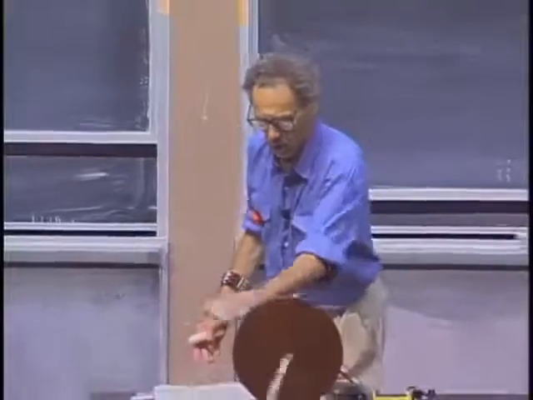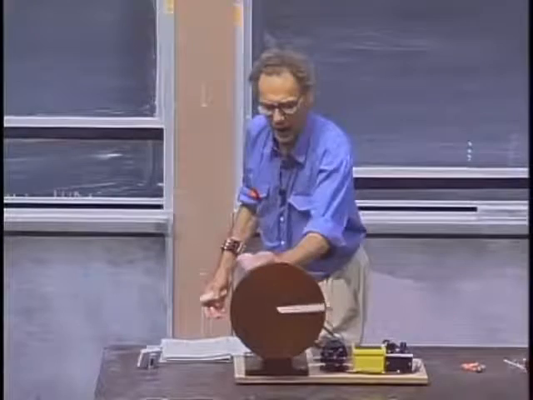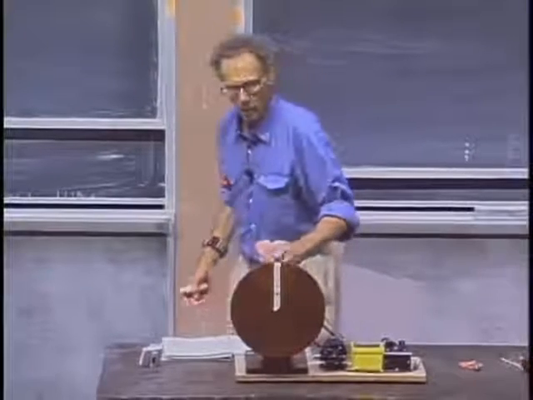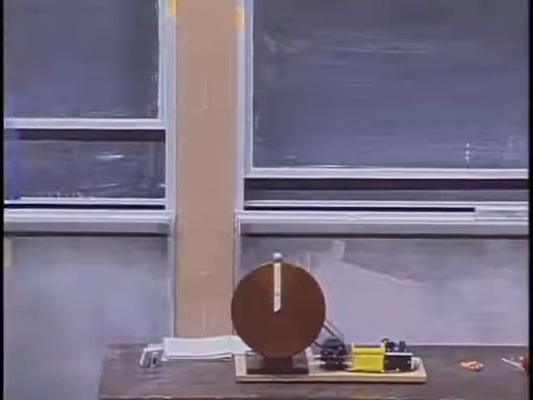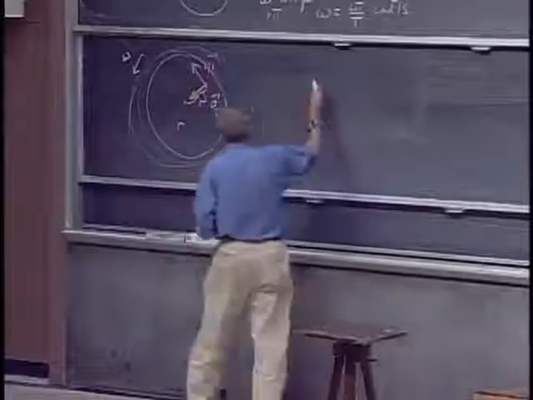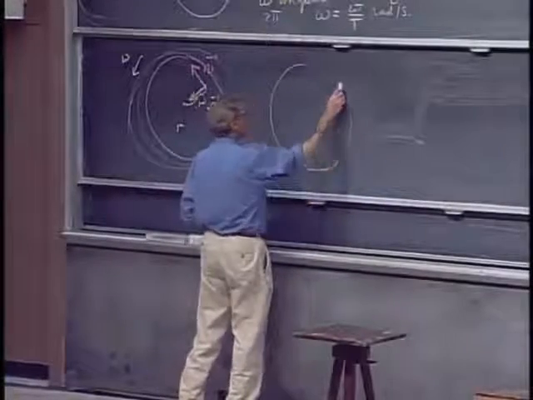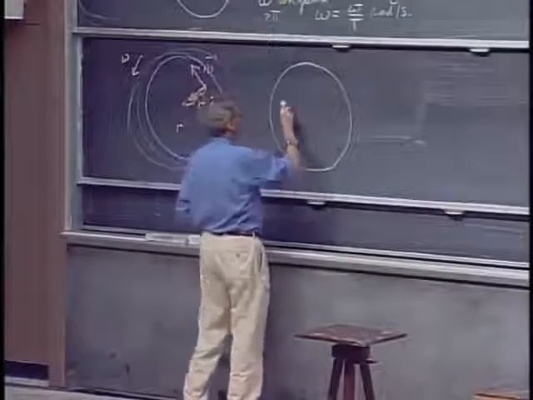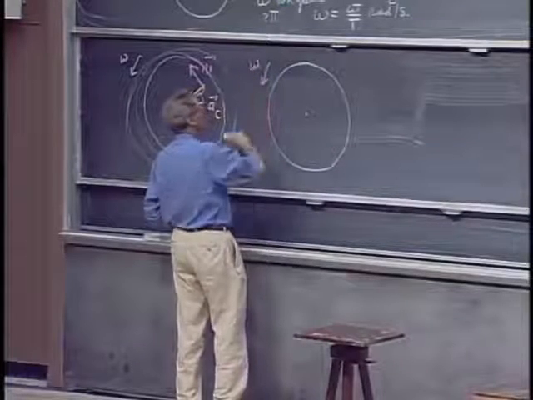I have here a disk, which we will rotate, and at the edge of the disk we have a little ball. The ball is attached to that disk with a string. Now this is vertical, and it is going to go around with angular velocity omega.